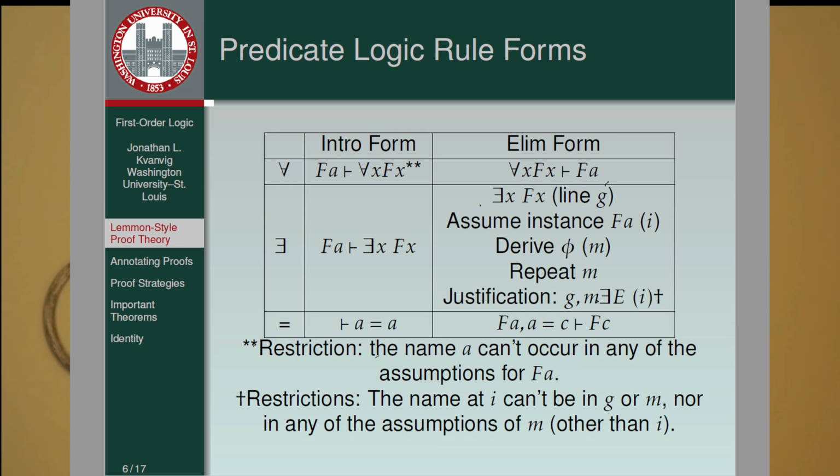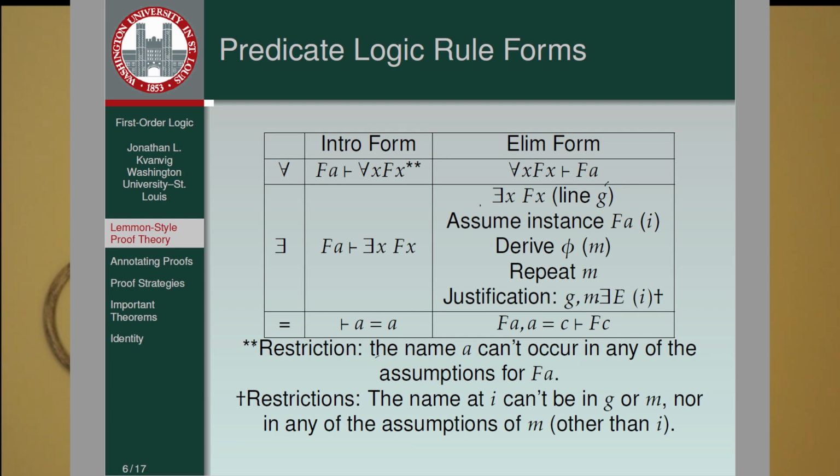And similarly for the existential quantifier, if you've got capital F, lowercase a, you can derive there is an x that's F. You can derive ex Fx, where the first e is a backwards e, the existential quantifier. Notice in each of these cases, you had a premise that didn't have either quantifier in it, and you derived something that now has a quantifier in it. That's why they're called universal introduction and existential introduction.